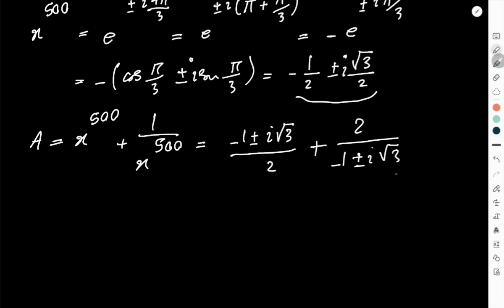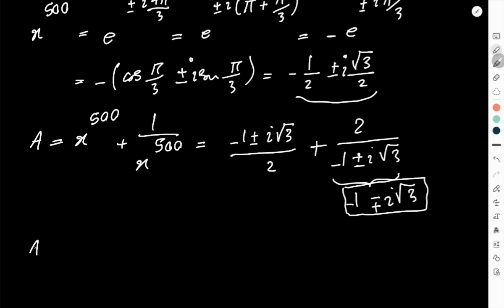When we have a complex number in the denominator, in order to simplify it we always multiply both numerator and denominator by its conjugate. Because here I have two situations, plus and minus, the conjugate value will be minus 1 minus plus i square root of 3, minus for the plus and plus for the minus. So we multiply both numerator and denominator by this value.